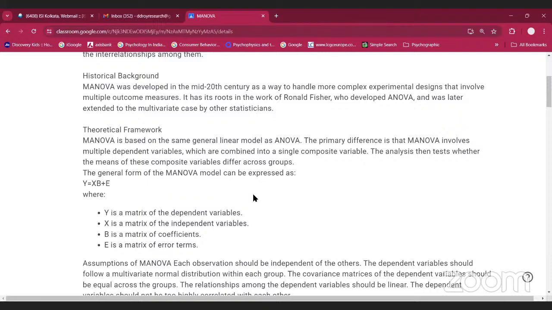Keep in mind that it is clearly written that it is a matrix. It is not written that Y is the dependent variable, but the matrix of the dependent variables. Similarly, matrix of the independent variables, matrix of coefficients, matrix of error terms. Matrix means there is some linear combination.